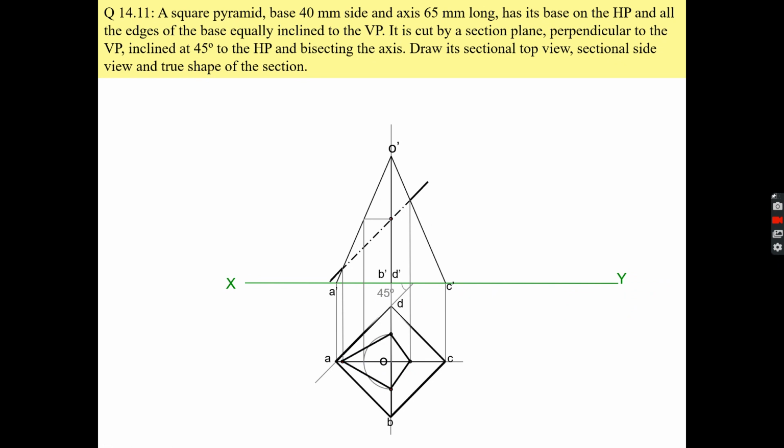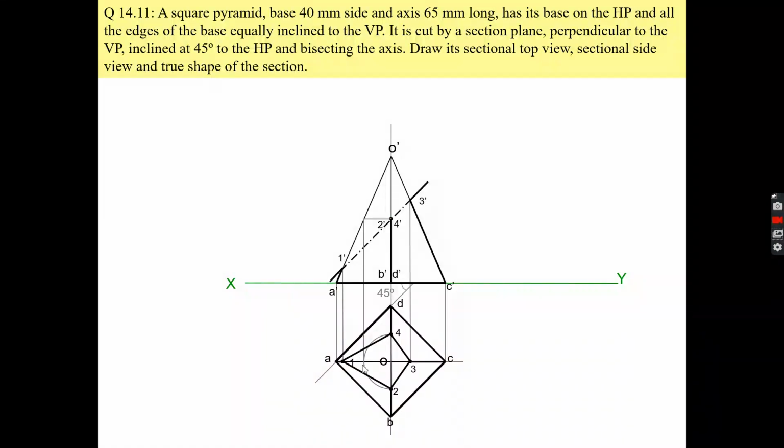Okay, that question I have already told you in a solid as well, but I am telling you here again. So this is your top view. The other portion, section and true shape of the solid, is the same, and in this question the transferring of the points is the only difference from the previous question.